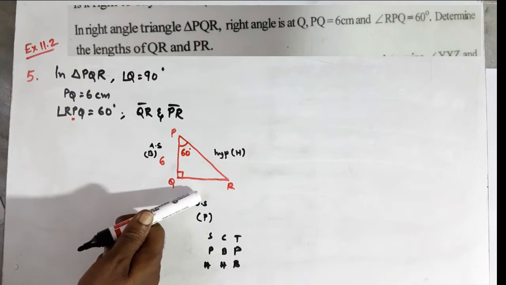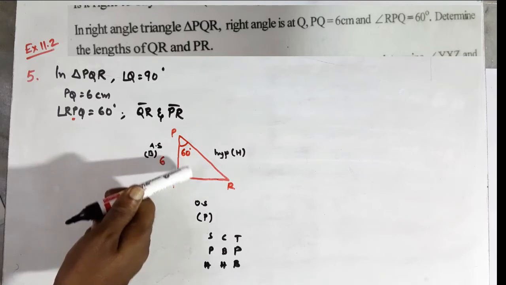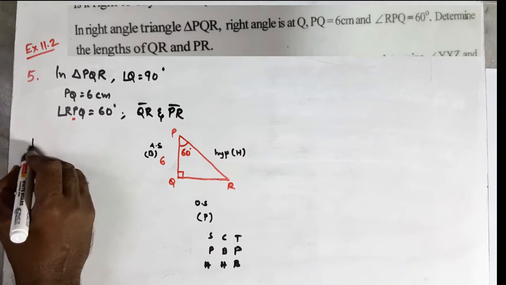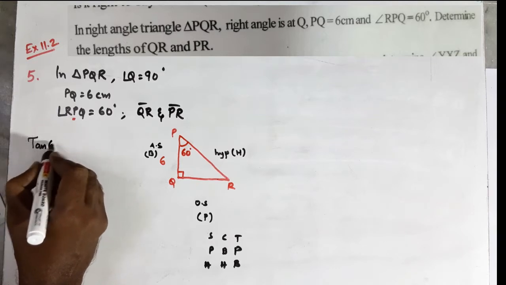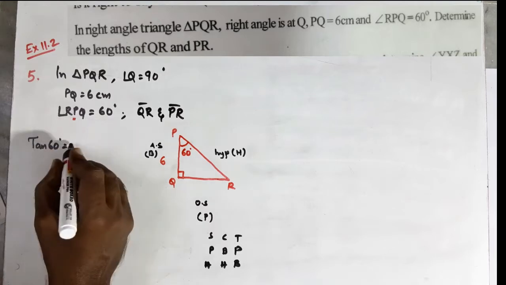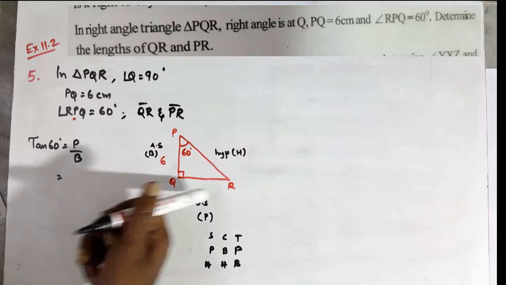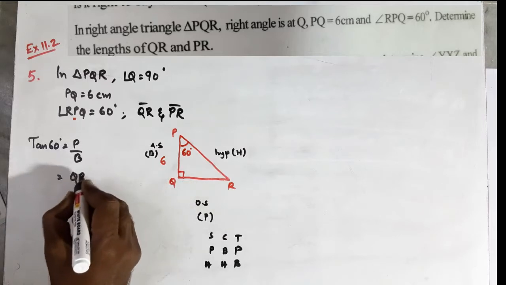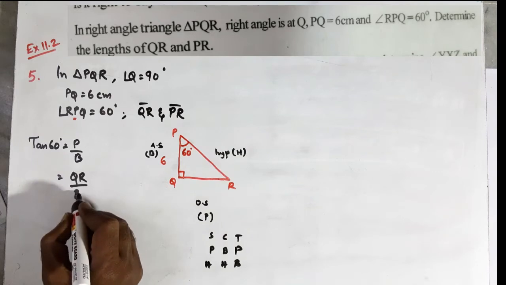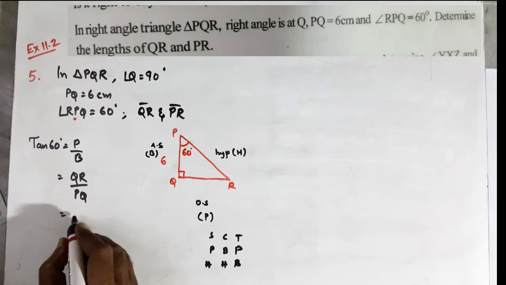Opposite side by adjacent side, that is perpendicular by base. So perpendicular by base is tan. So tan 60 is equal to P by B, where P is QR, so QR by PQ. We don't know QR.